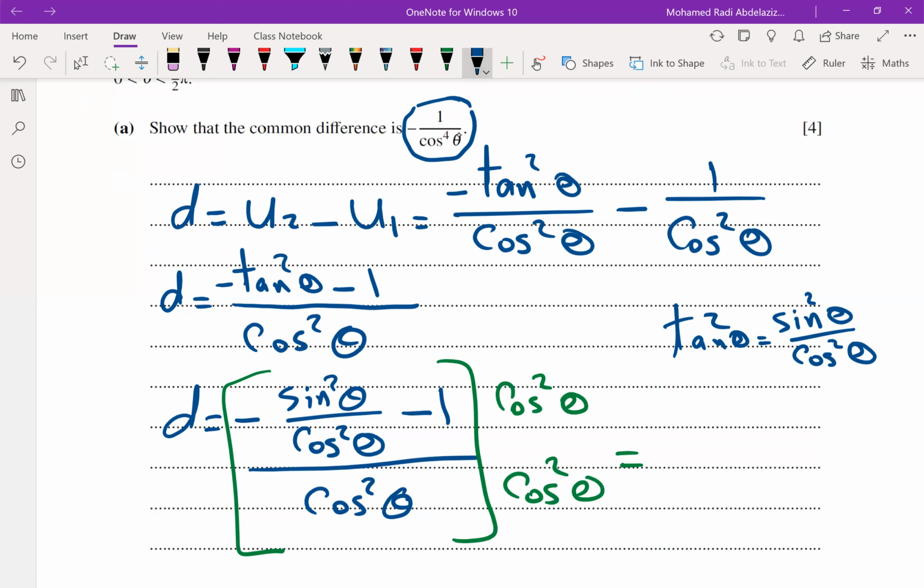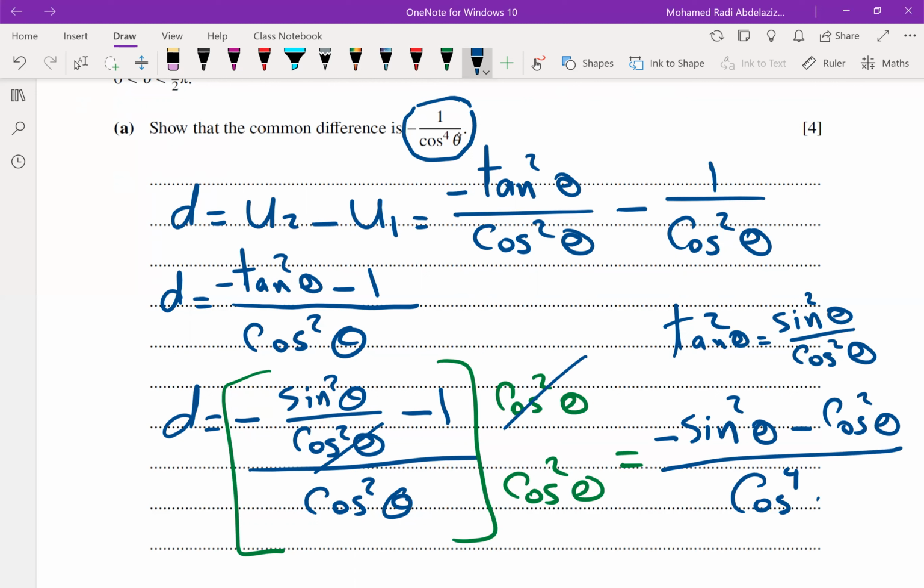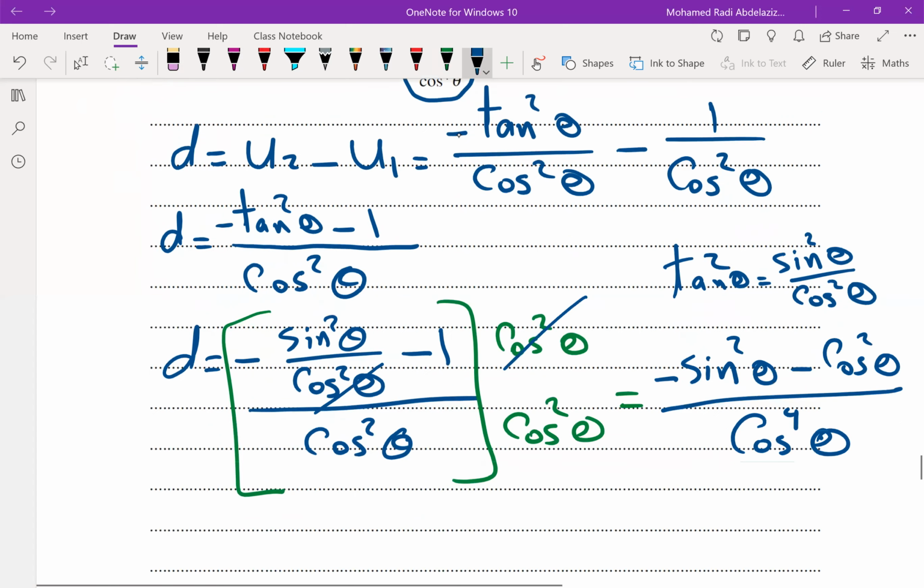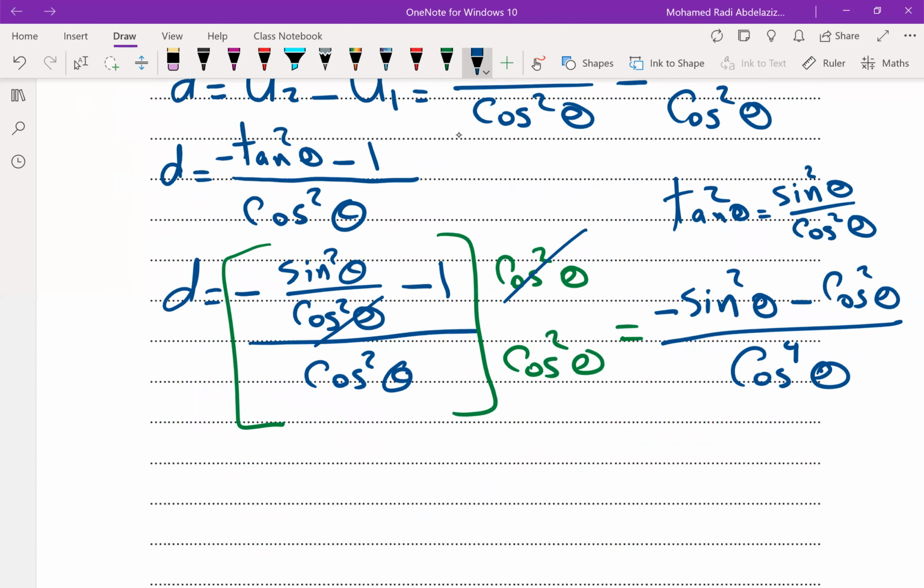By multiplying by cosine squared, we remove the cosine squared, and it will be negative sine squared theta minus cosine squared theta, divided by cosine to the power of 4 theta. We already have another identity, which is sine squared theta plus cosine squared theta is equal to 1.